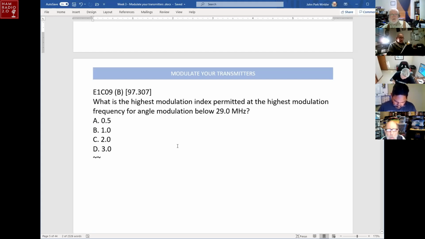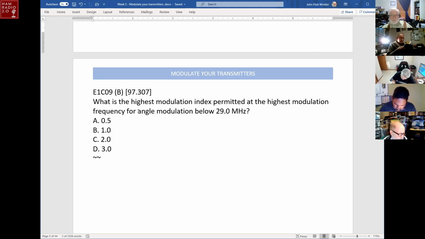What is the highest modulation index permitted at the highest modulation frequency for angle modulation below 29 megahertz? I had to look up angle modulation. Anybody know what it is? Angle modulation is either phase modulation or frequency modulation.